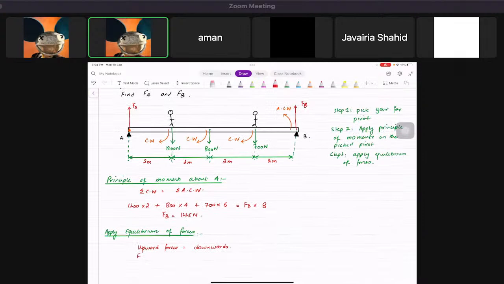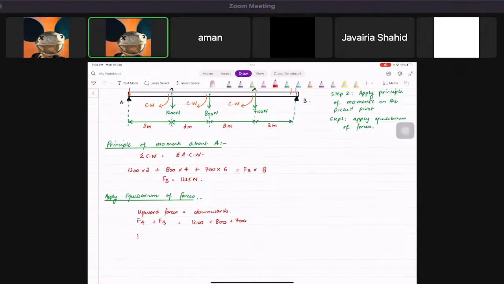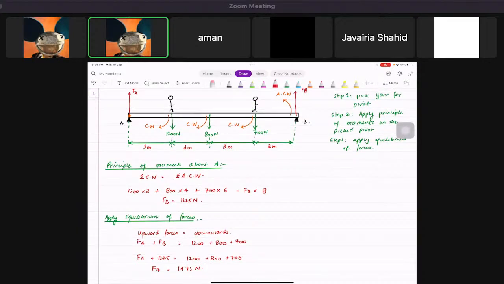There is FA, there is FB, and downwards are 1200, 800, and 700. Thanks to the principle of moments, we already got the FB value. So from this, we can find FA easily. I'm just going to add the value of FB here, and this will get me the value of FA. You can just subtract it on the other side. So 1475 newtons.